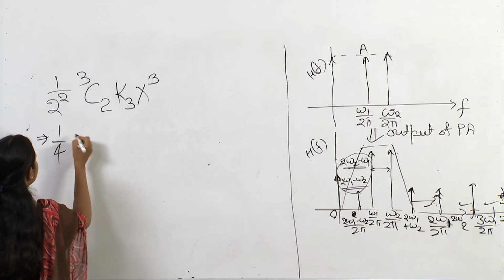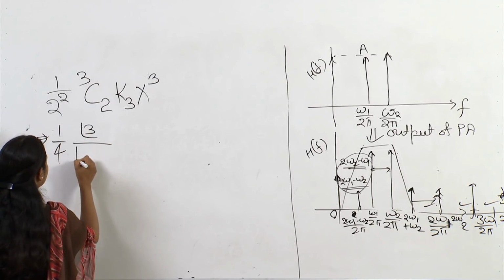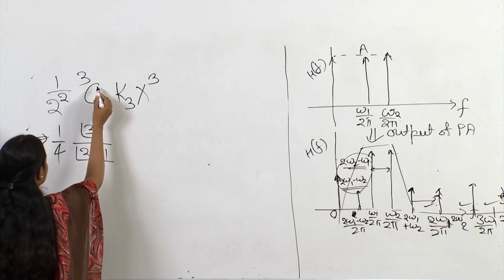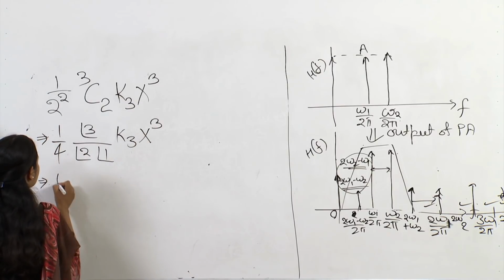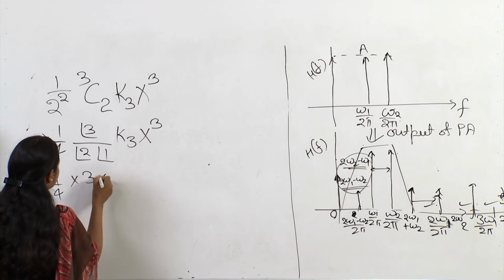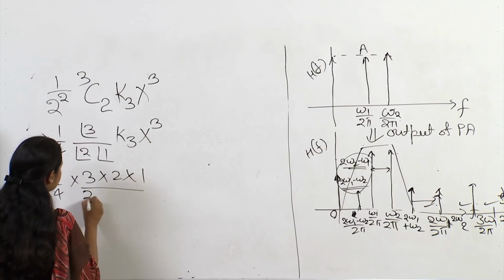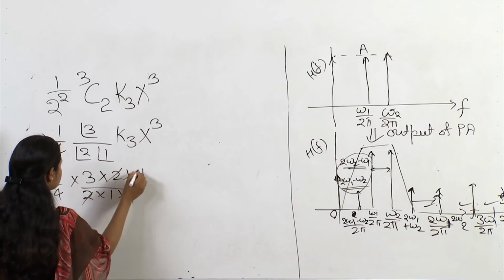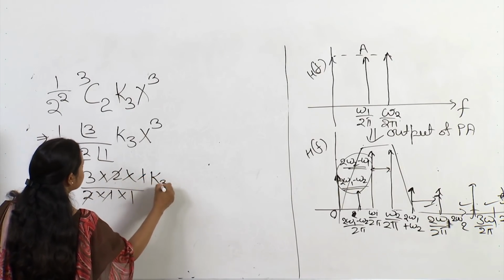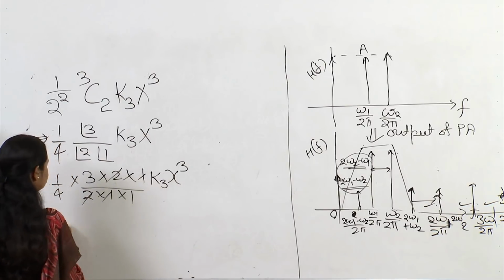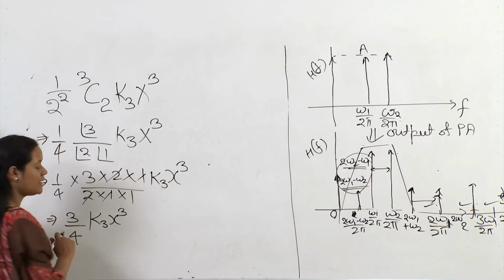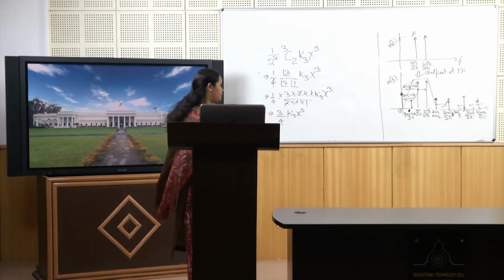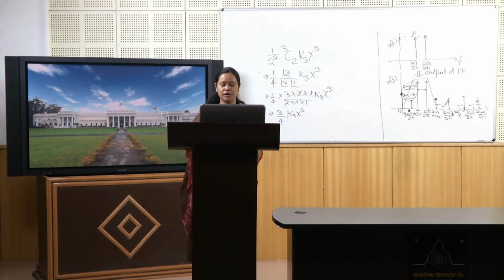If we simplify this, it will become factorial 3, factorial 2, factorial 1, then k 3 x cube, where we are expanding the factorials. So, the amplitude of the third order intermodulation product should be 3 by 4 k 3 x cube, and this is what we are seeing in this expression also.